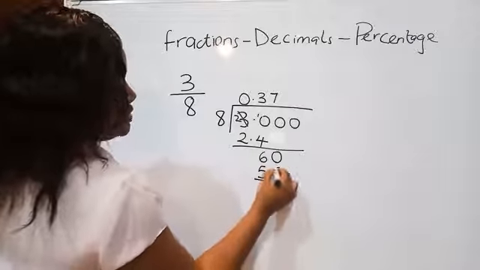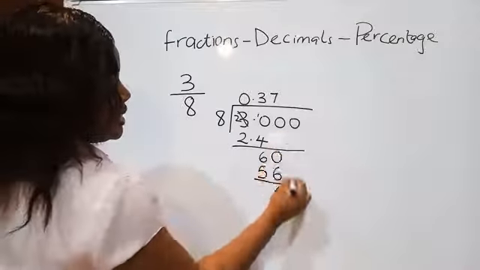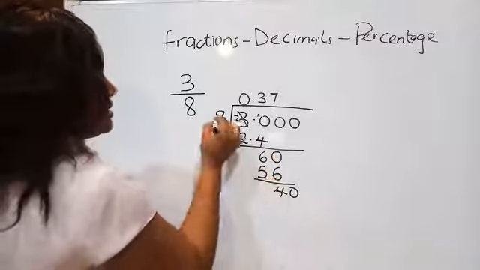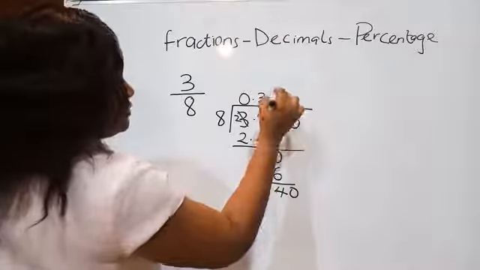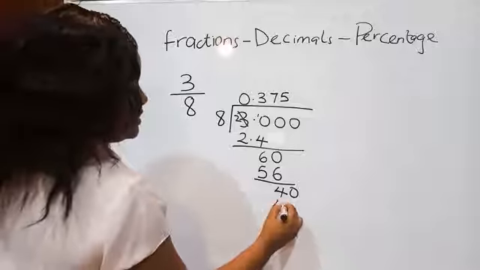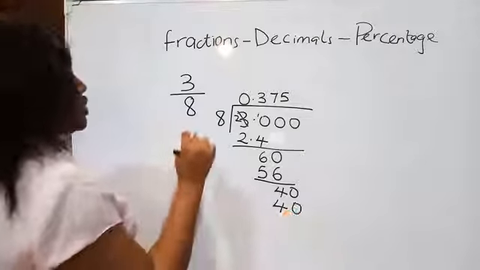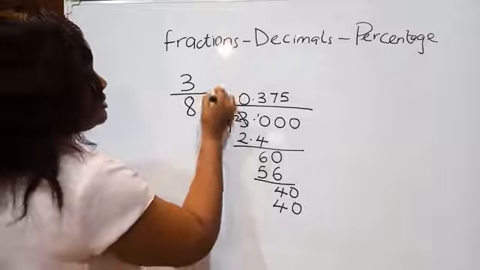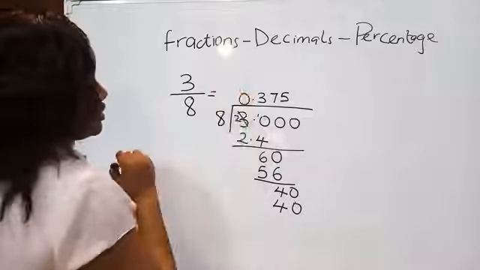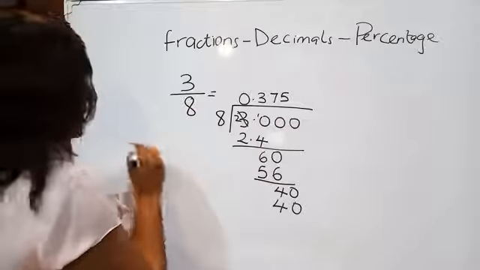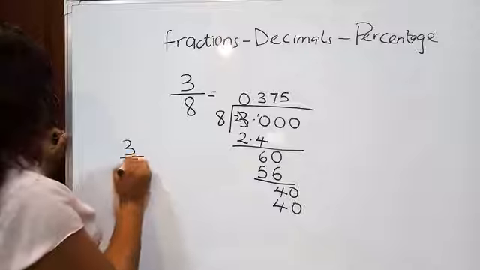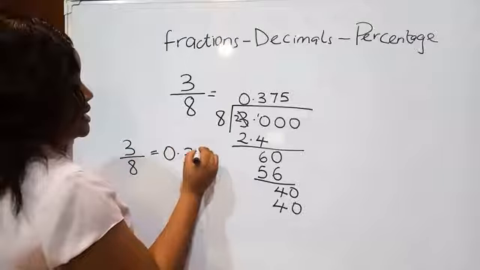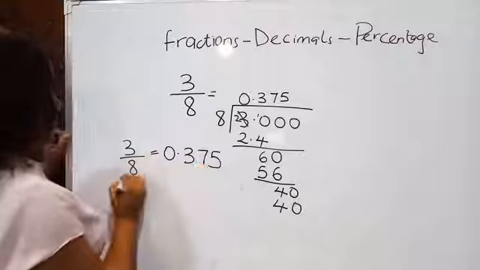You have 4 and 0. 40 divided by 8 gives us 5, and 8 times 5 is 40. So now this is the decimal fraction equivalent: 3/8 equals 0.375.